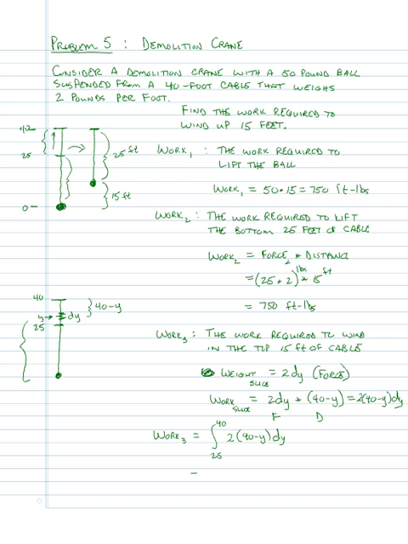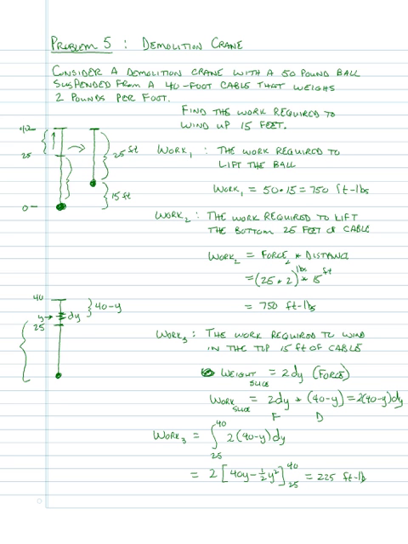So as we go through and calculate here, we would end up having 2 times 40y minus 1/2 y squared evaluated from 25 to 40. And when we make that calculation, we'll get 225 foot-pounds.